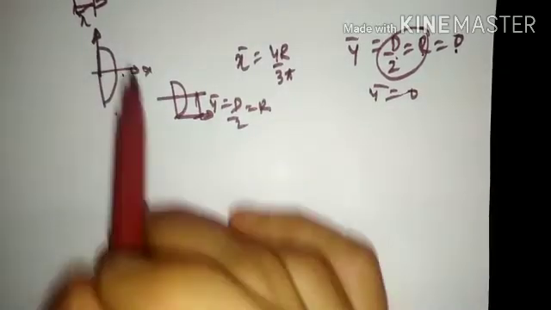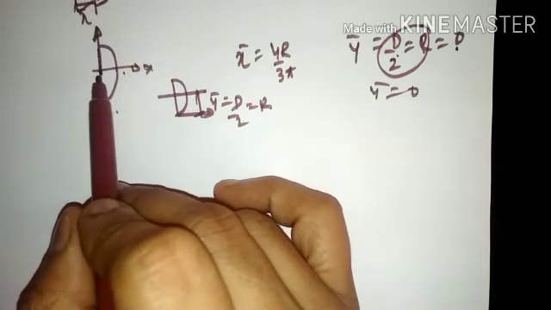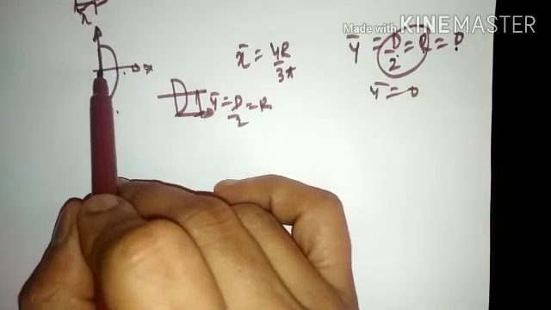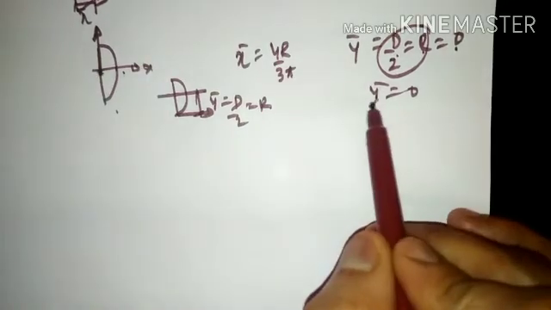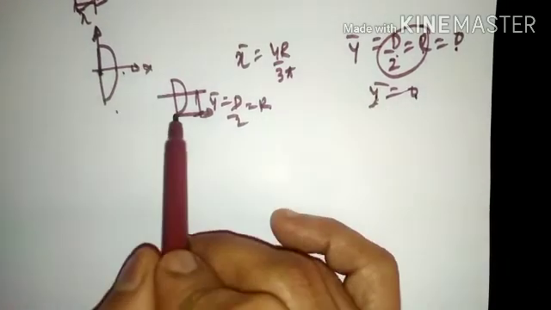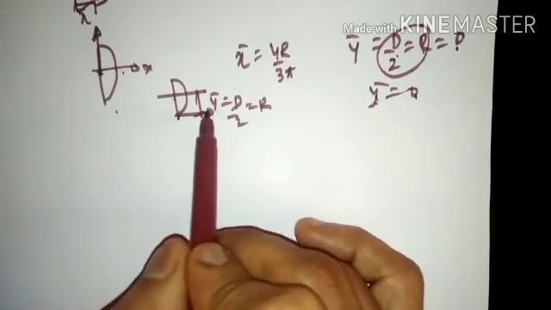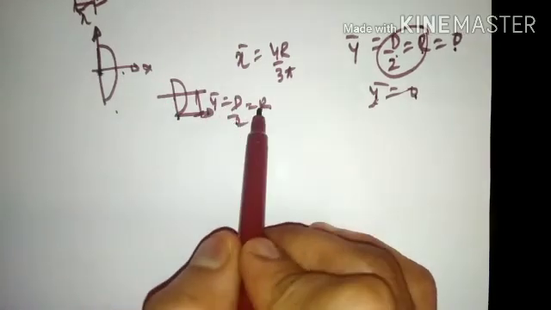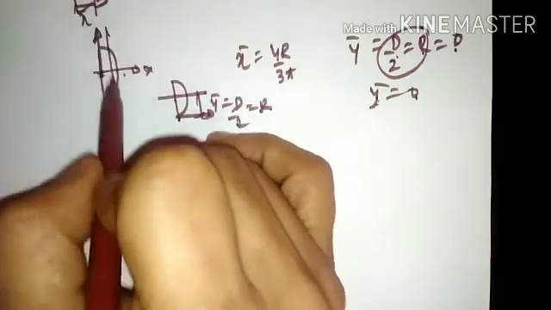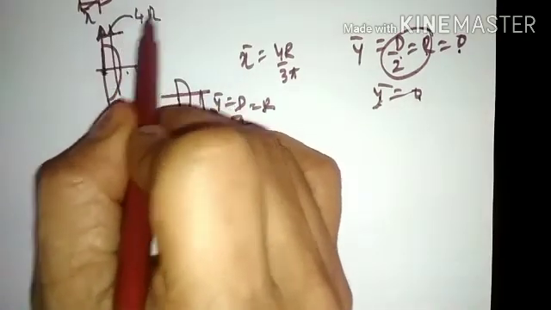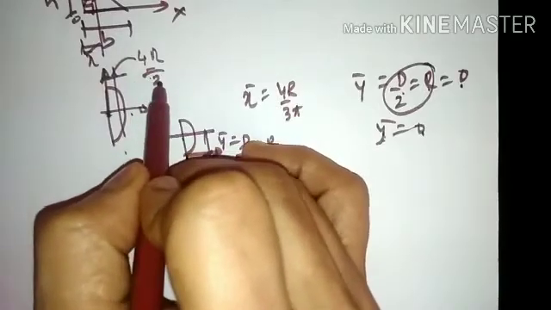Some textbooks prefer considering the centroid with respect to the midsection of the semicircle. In that case, y bar would be 0. If it is considered at the far away location from the midsection, then y bar would be d by 2 or r and x bar would be 4r by 3 pi.